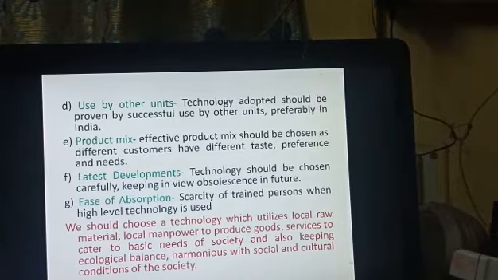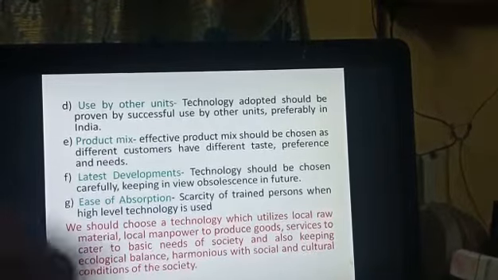Scarcity of trained persons when high level of technology is used. So we will have to study whether the trained persons are available or not. We should choose a technology which utilizes local raw material and local manpower to produce goods and services to cater to the basic needs of the society, and also keeping ecological balance, harmonious with social and cultural conditions of the society.